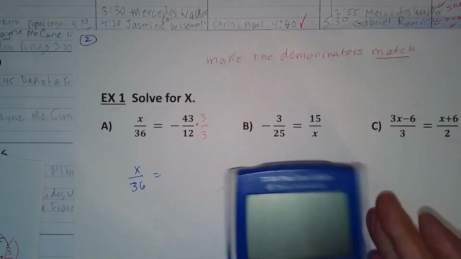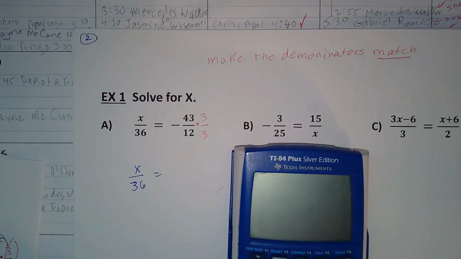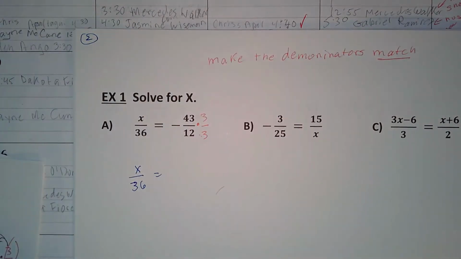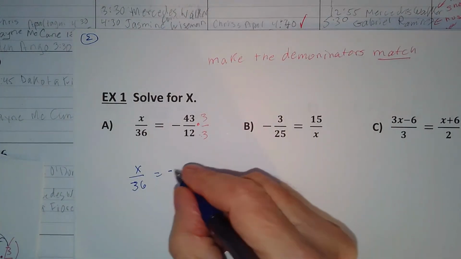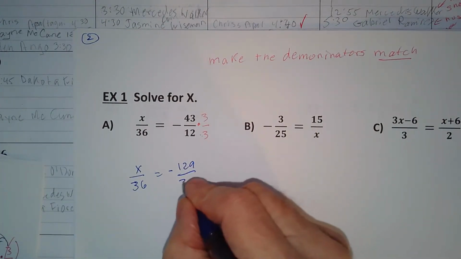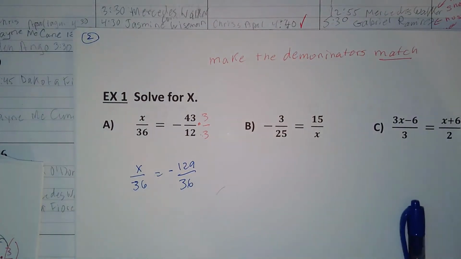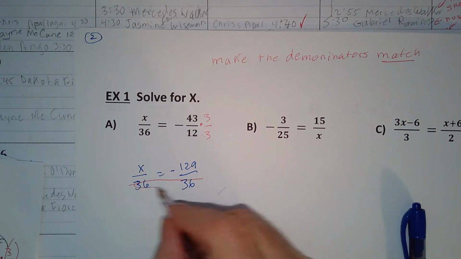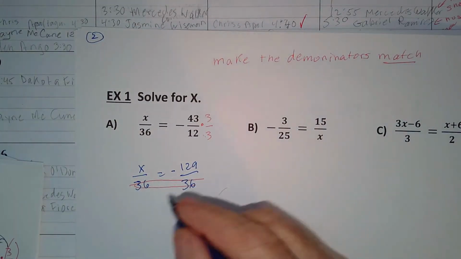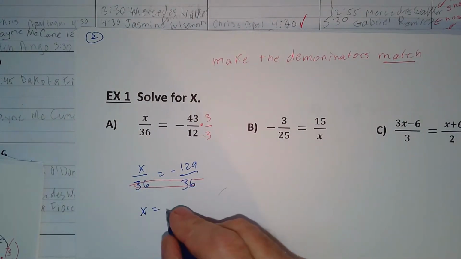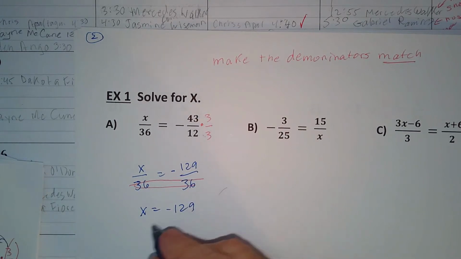I don't know what that is offhand, so let's turn this on and clear it. 3 times 43 is 129, and you've got a negative sign in front of it, so it's negative 129 over 36. And again, just ignore the denominator. So what does x equal? x equals negative 129. And that's your answer.